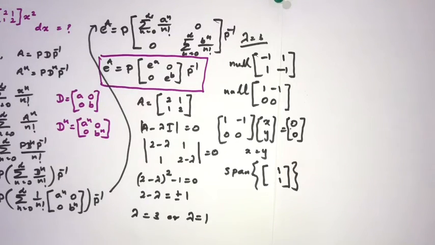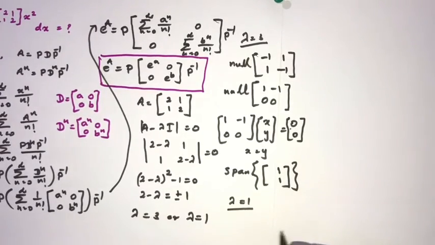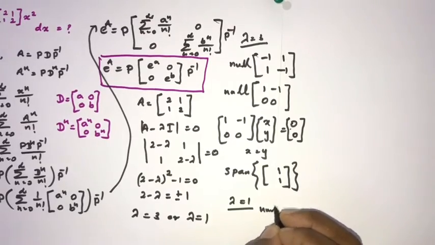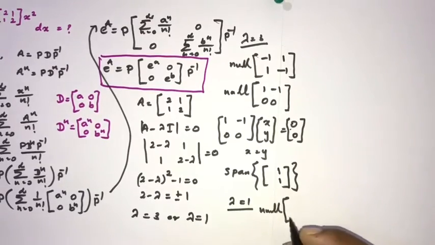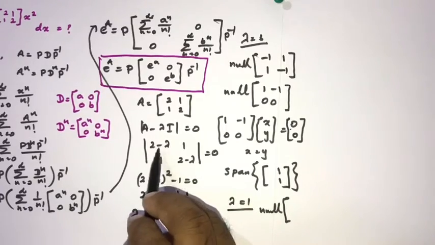Then we should find the eigenvectors when lambda is equal to 1. So when lambda is equal to 1, the null space of the matrix is [1, 1; 1, 1].